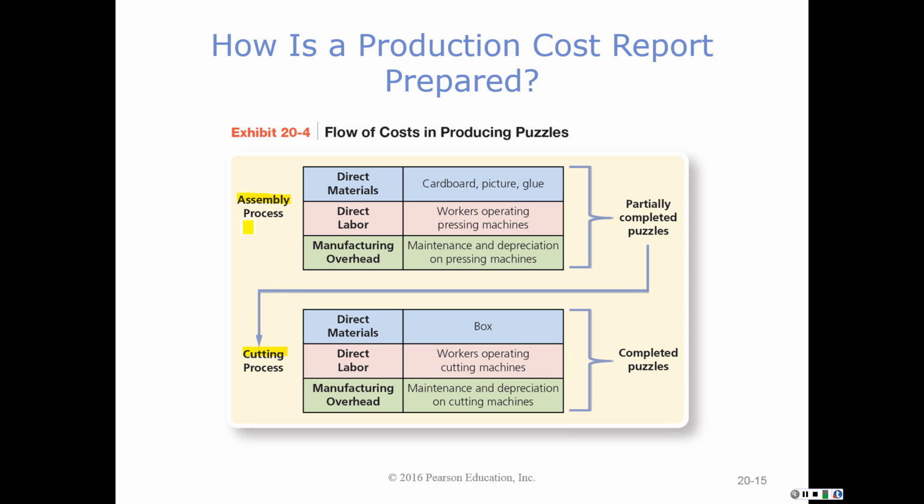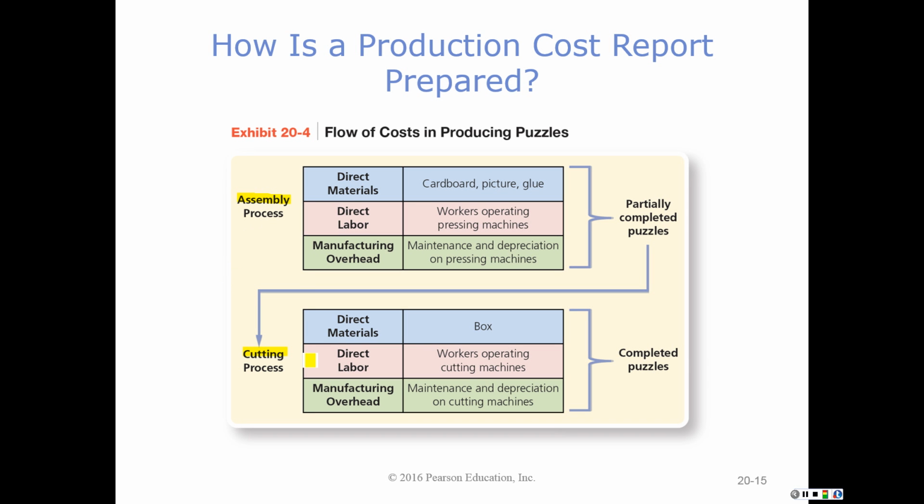Okay, so if you think about the assembly process that's going on with manufacturing a puzzle, the direct materials are the cardboard that the puzzle is glued to, the glue that is used to get the picture onto that cardboard. And so we have different direct materials for the assembly process than we would for the cutting process.